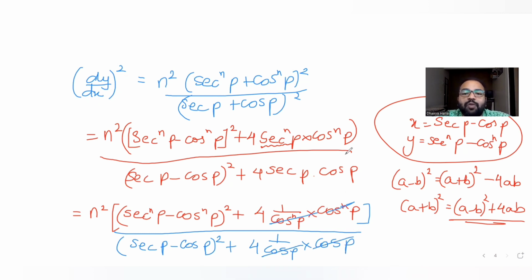So now what you get here is n square times sec raised to np minus cos raised to np the whole square, that was y, so it becomes y square plus 4, upon the denominator, sec p minus cos p the whole square, which is nothing but x square, so x square plus 4.